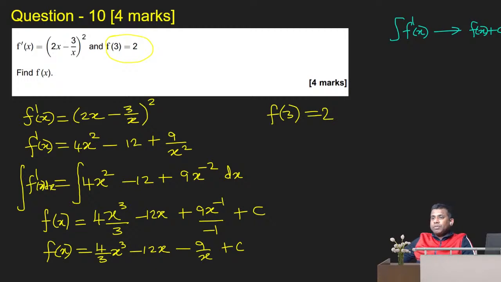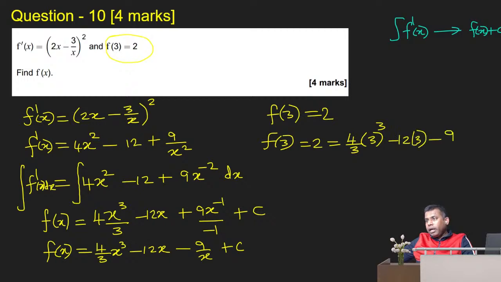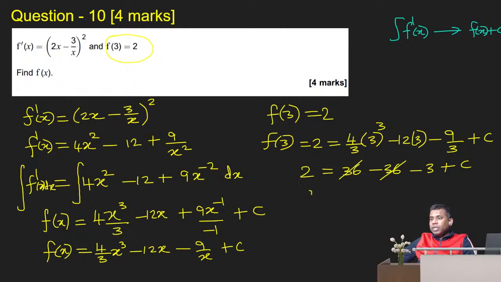So substituting f(3), which is equal to 2, that equals 4/3 times 3 cubed minus 12 times 3 minus 9 over 3 plus c. 3 times 3 times 3 is 27, divided by 3 is 9, 9 times 4 is 36, minus 36, minus 3, plus c. So these two cancel, and this is 2. So c equals 5.